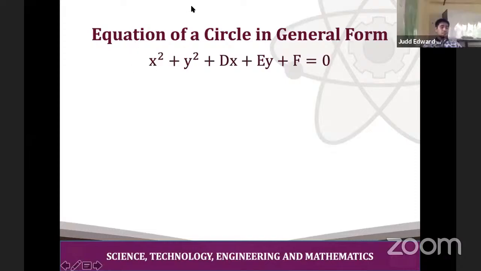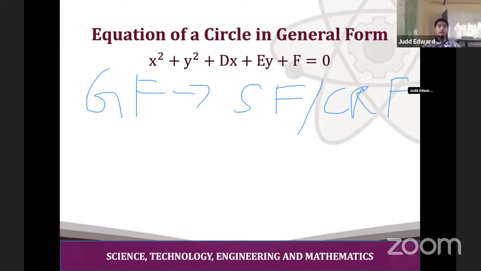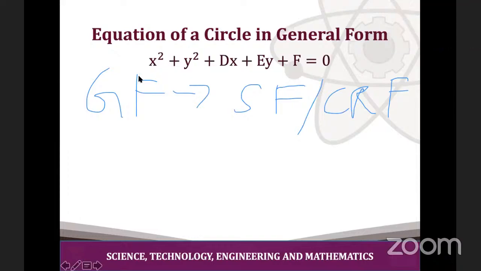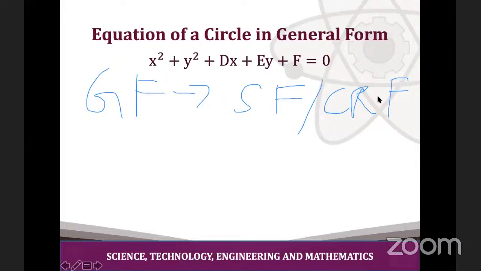Okay. So, what is the method that we will be using in order for us to transform the general form into the standard form or the center radius form? Anong method kaya yung ginagamit natin? Sige nga. Yes, Sir Dizon, we are using what method? Completing the square po. Very good.